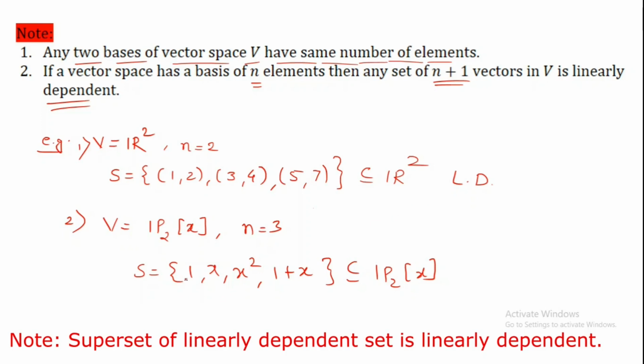This set contains 4 vectors, so it is linearly dependent. If we take a set containing 5 vectors, still it is going to be linearly dependent.